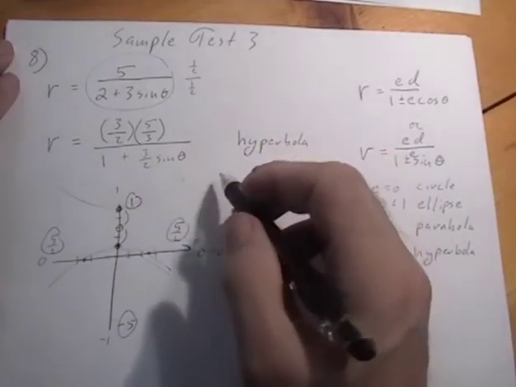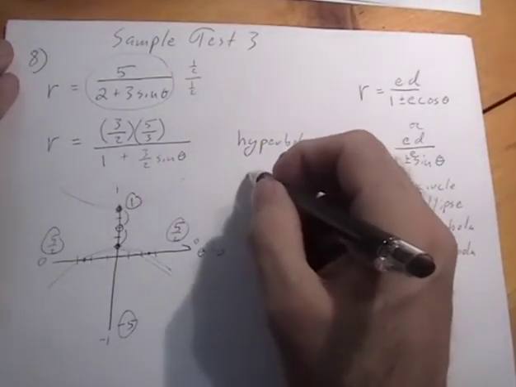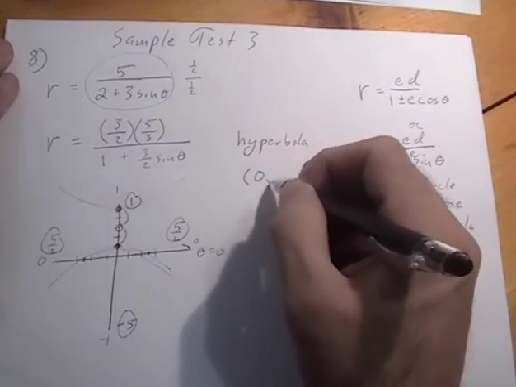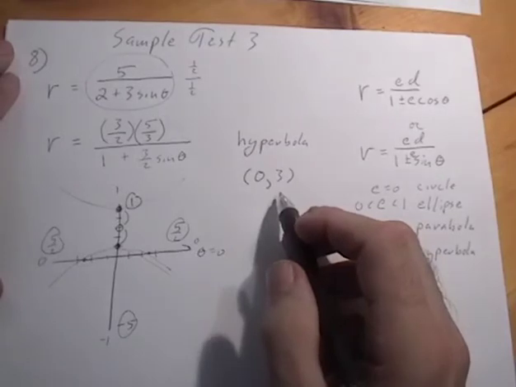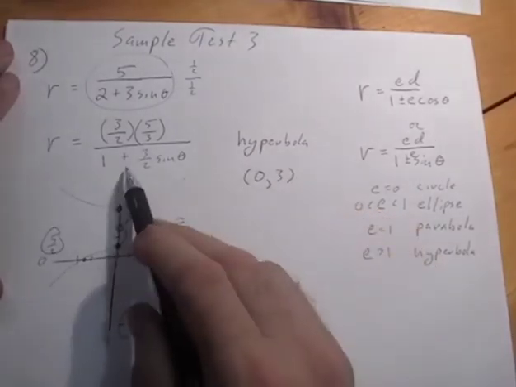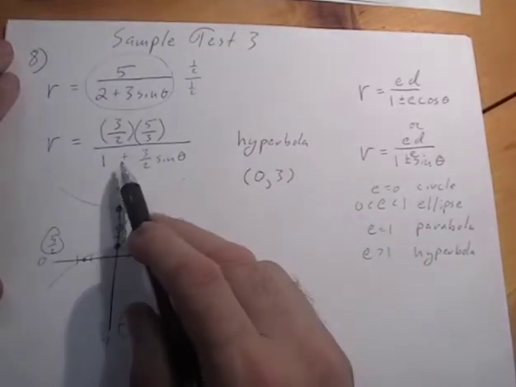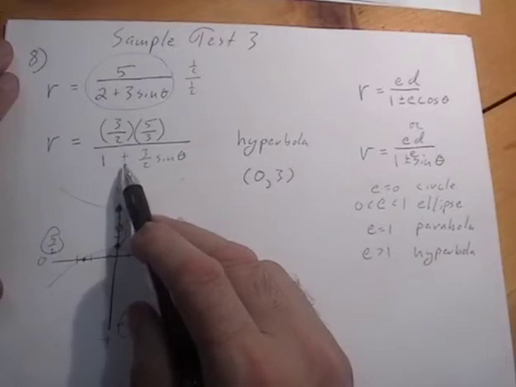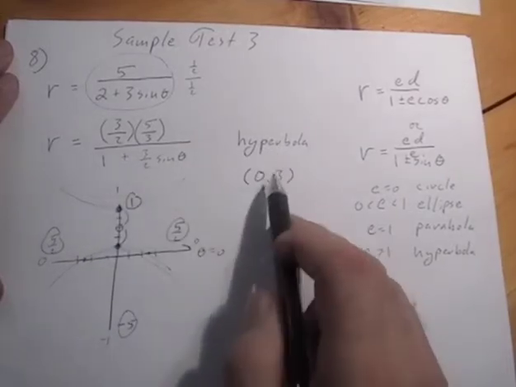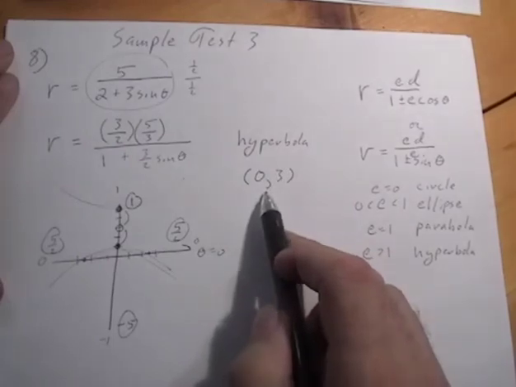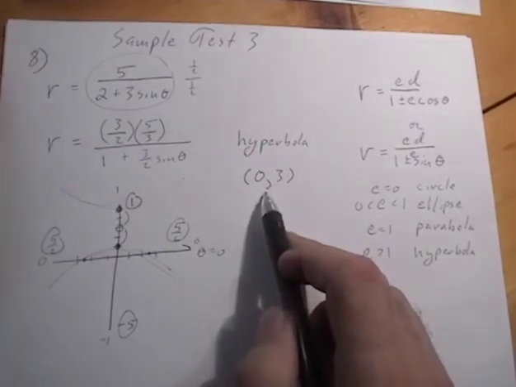This would be, in Cartesian coordinates, the point 0, 3. And that will be your answer. I've put it into canonical notation. I've identified the graph, and I've found the center in Cartesian coordinates.